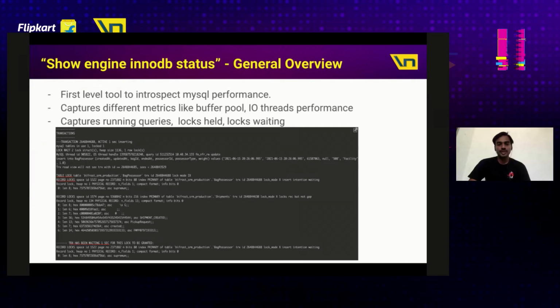If you can see in this screenshot, I mentioned one transaction here, and initially it talks about what locks it is currently holding, table lock and record lock. Below that, it is also talking about the lock it is currently waiting for. So this is what you generally get, and we used to record this data periodically, and we check it for historical analysis at a later point in time.